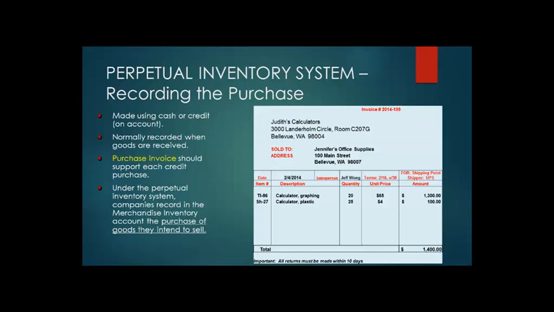So they make an order, they work with a salesperson, and Judith's Calculator ships all of these calculators to Jennifer. And this is an invoice to bill Jennifer for that shipment. Now the invoice should match what's received, and that's another internal control step that we'll talk about in a later chapter. But under the perpetual inventory system, everything goes into the merchandise inventory account of any goods they intend to sell. So if a company's buying a piece of equipment, that would go in the equipment account, not merchandise inventory.